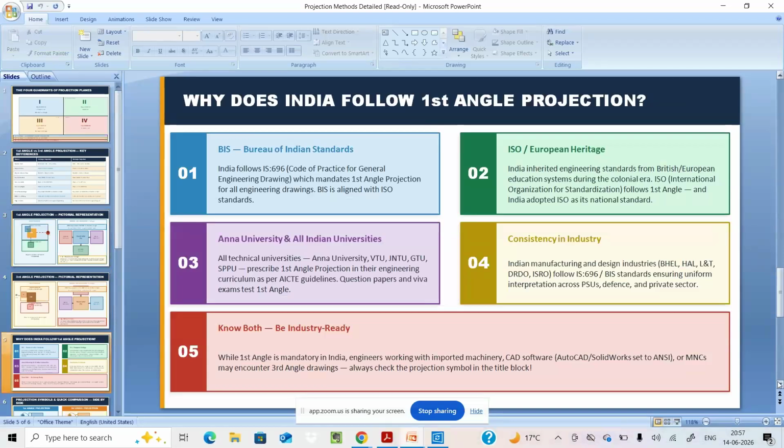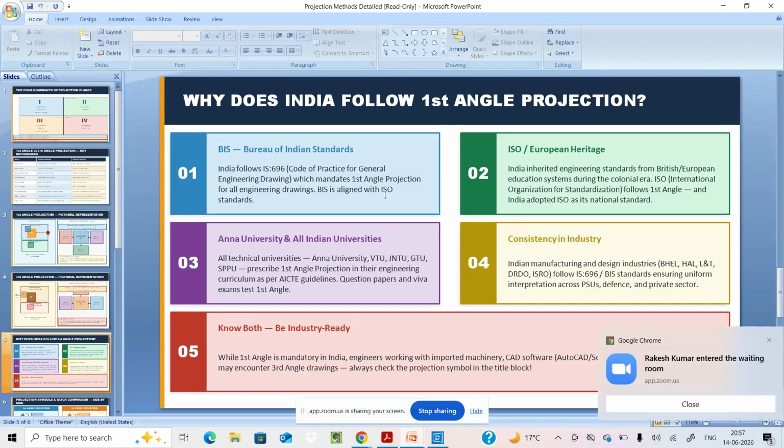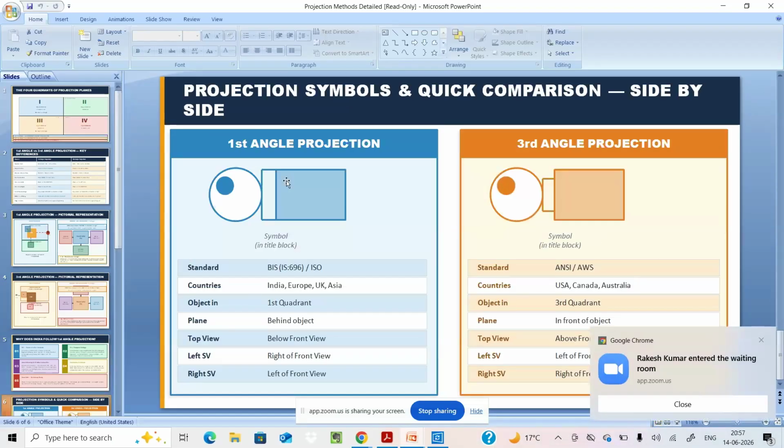And this is a simple thing, why Indians follow the first angle projection: because all the Indian universities are using only this one. It is a simple matter of consistency in industry, because they are able to easily understand. If you see the left side view on the right hand side, it is much more understandable. For that reason only, we follow first angle projection. For representation purposes, they'll show this kind of symbol.